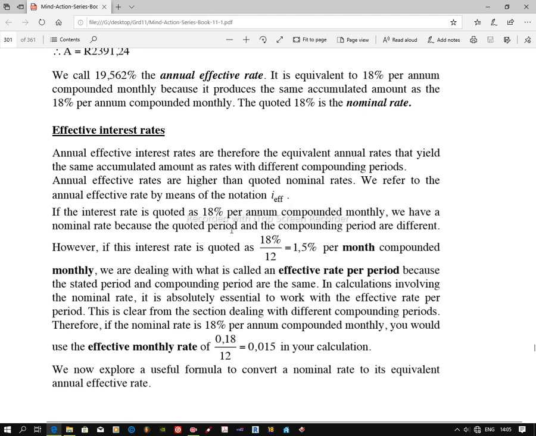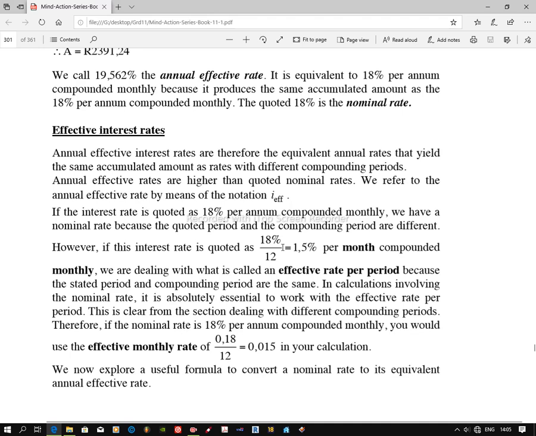However, if the interest is 18%, you just divide it by 12, it's going to give you 1.5% per month, if this is compounded monthly. You understand? So here they were just trying to explain what the effective interest rate is, as well as the nominal interest rate.